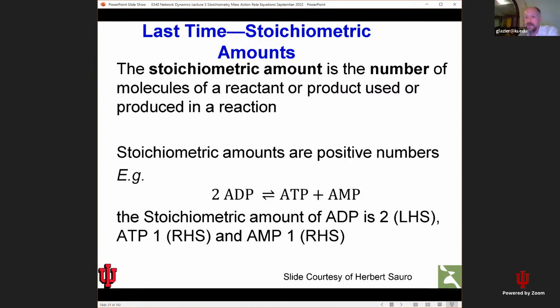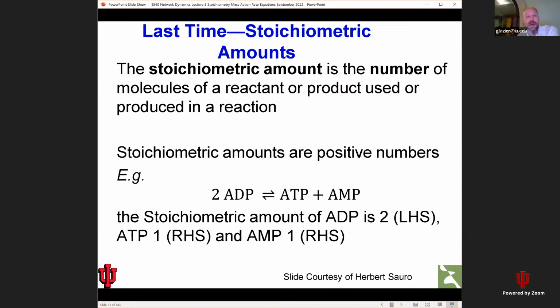Herbert spends a lot of time talking about stoichiometry. I'm going to have some stoichiometry in this class, maybe more than we need. Again, because Herbert focuses on chemical reaction networks, stoichiometry is very important. My world tends to be more signaling and regulatory networks where stoichiometry doesn't apply.